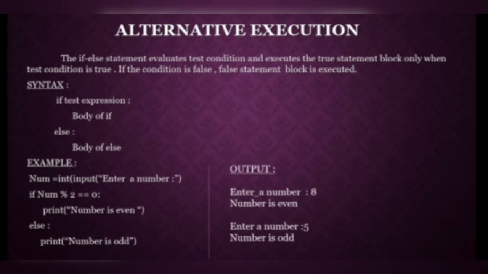That is, num remainder 2 is equal to 0. The condition is satisfied, so the if block is executed and the program will print "number is even". For example, if we enter the number 5, this number is odd, so the program will print "number is odd".